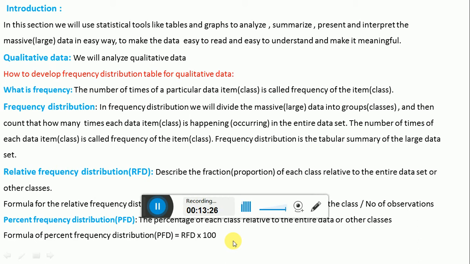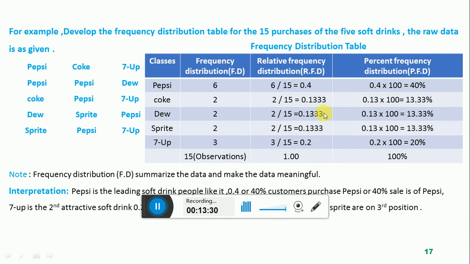With this formula, a statistician can compute the percentage of a particular class out of the entire data set. So PFD for the first class Pepsi, whose relative frequency is 0.4, multiplied by 100, gives 40%.